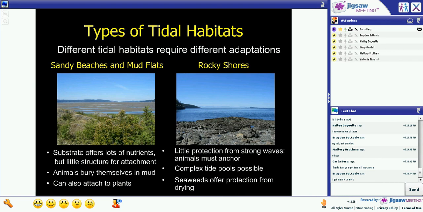Victoria, do you have a question? Go ahead. Yes, most of the beaches I go to are very sandy, and then it's two beaches connected, like it has the rocky shores and the sandy beach.